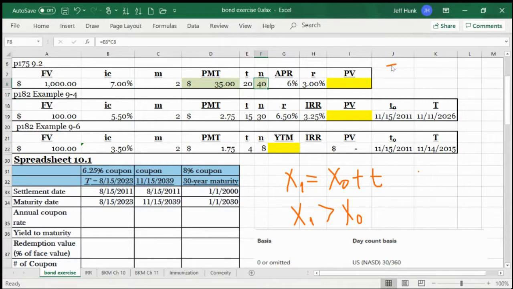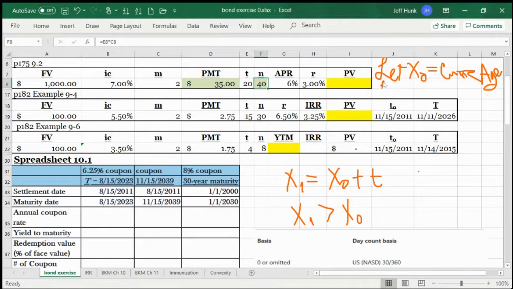Let X0 be the current age. It's really difficult to write current age, because it's not really writing, it's actually drawing with the mouse.